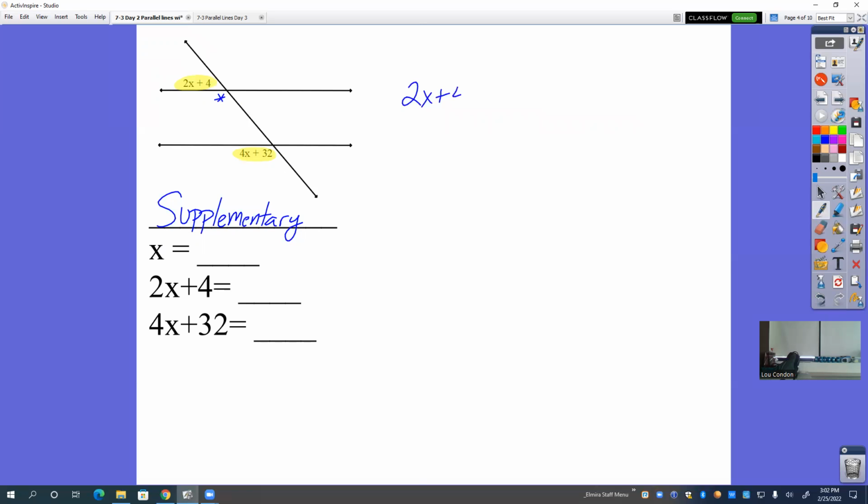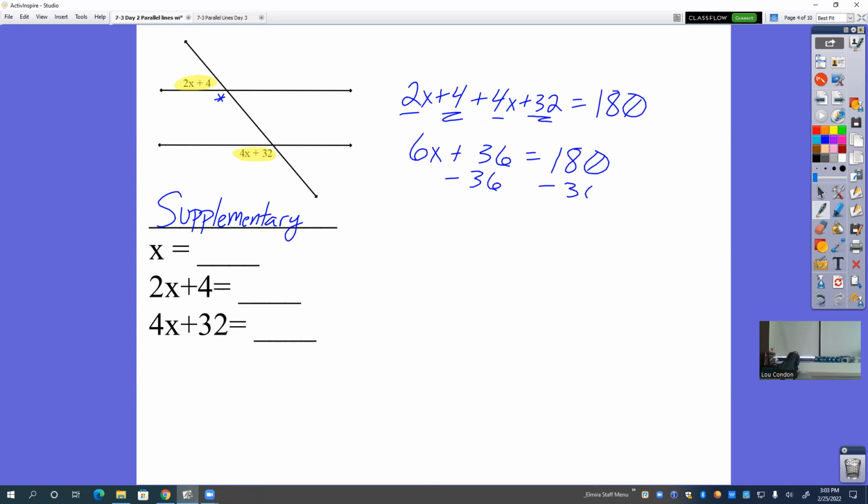So 2x plus 4 plus 4x plus 32 equals 180. Combine like terms, 6x plus 36 equals 180.